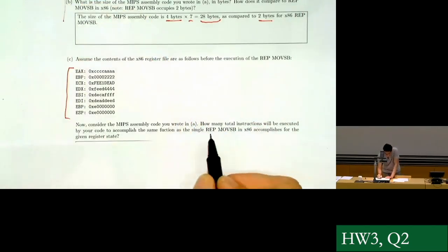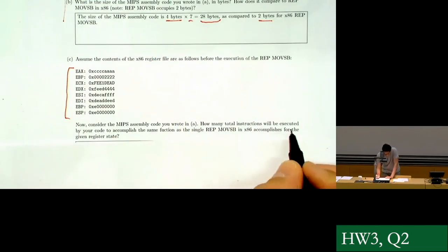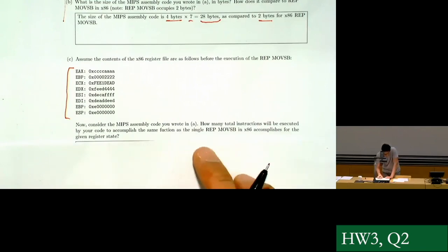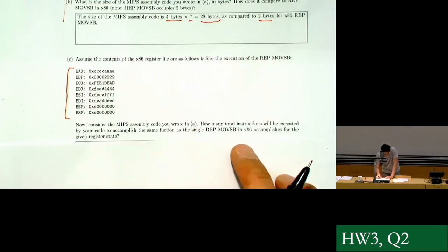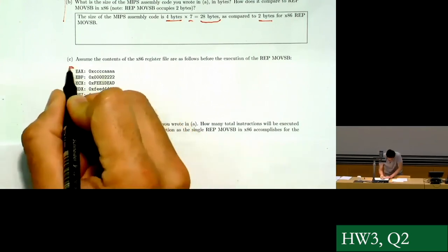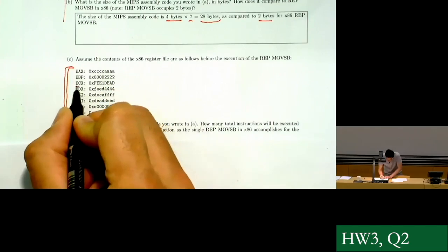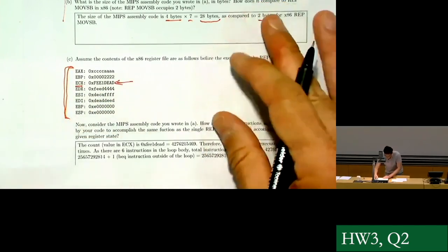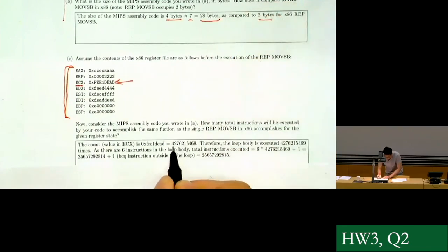How many total instructions will be executed by your code to accomplish the same function as the single rep movs in x86 accomplishes for the given register state? The given register state is this one here, and this register ECX has this value. This is hexadecimal representation, but if we convert it to decimal, it is this number here.